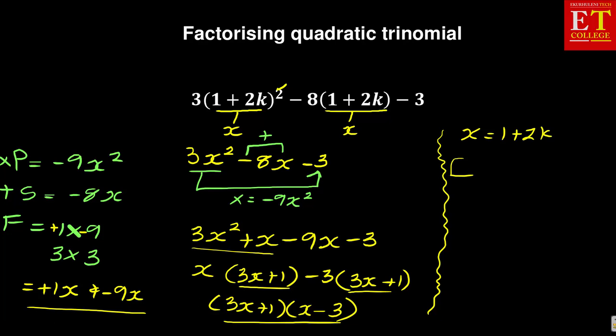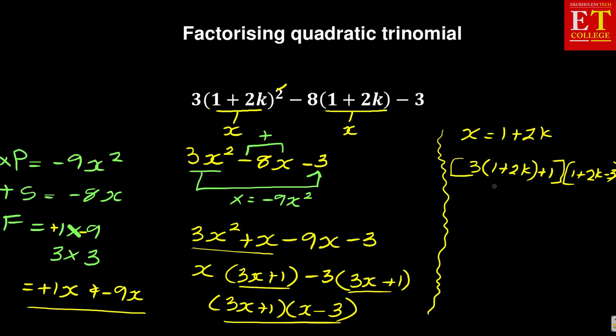And when you open a bigger bracket, you are having a 3 into, remember, the x is 1 plus 2k. You close that, plus 1. And then you close the bigger bracket, you open a bigger one, it's x minus 3, which is 1 plus 2k minus a 3. My space was limited there.